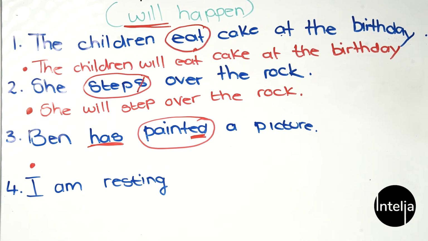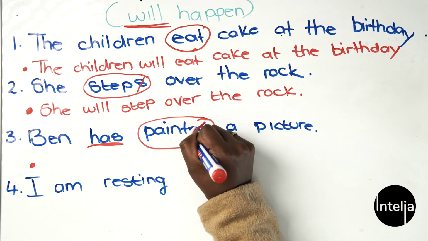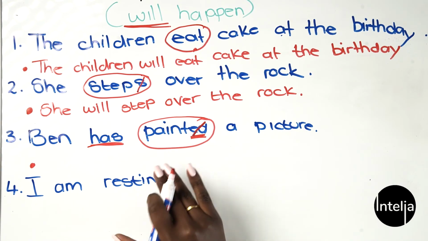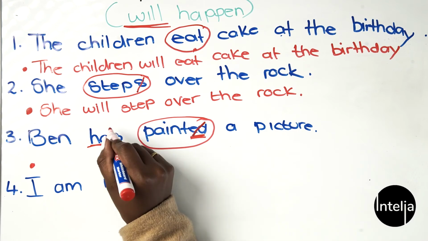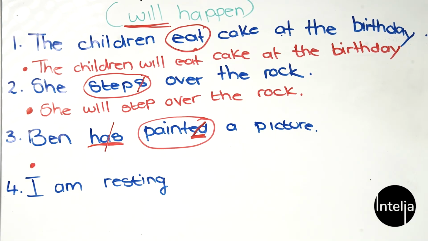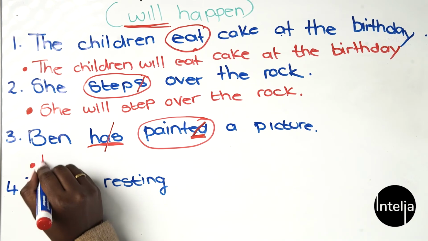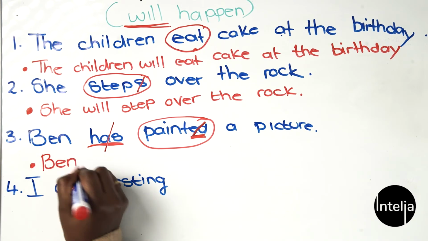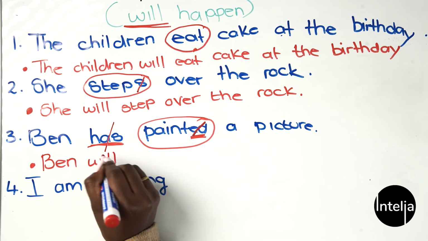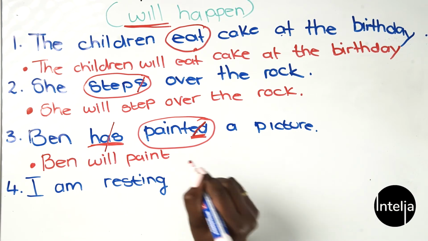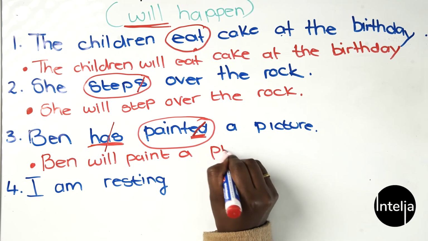That's right. We are going to take away the ed, which is what makes the verb past tense. And we're going to replace our helping verb from has to will. So our sentence now becomes Ben will paint a picture.